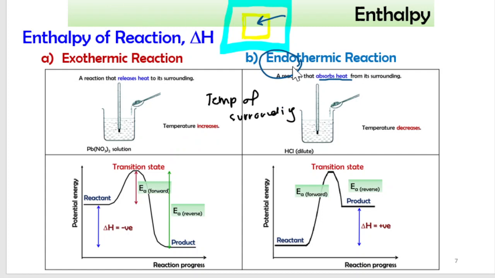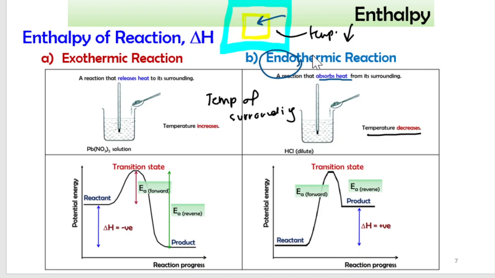So for endothermic reaction tadi, kalau kita nak measure the temperature, kita akan measure the temperature of your surroundings ini. This your surrounding. So that is why we can observe temperature akan decrease for endothermic reaction.